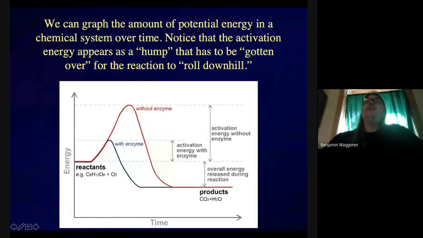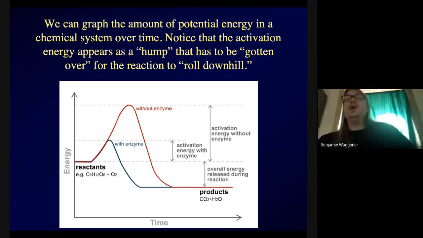So you can graph the amount of potential energy in a chemical system over time as something like this. When you have, let's say, a bunch of oxygen and a bunch of wood ready to start the fire, there's energy stored in all those chemical bonds. Once you start it burning, that energy will be given off until, if the burning is complete, you end up with nothing but carbon dioxide gas and water vapor.